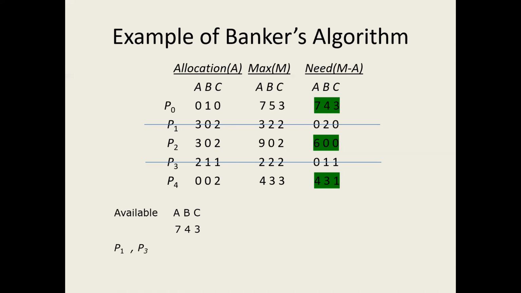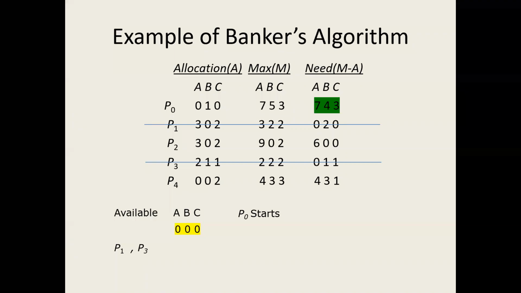So I will start from the first process, that is P0. For P0, I have to allocate 7, 4, 3. That means all the available resources will be allocated. So that is not a problem, right? We can allocate whatever is available, but we have to make sure that process will complete and release all the resources back.